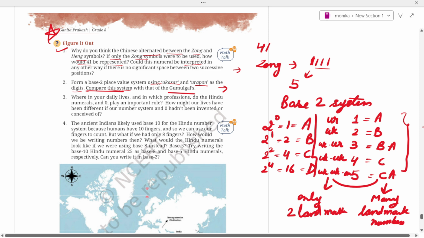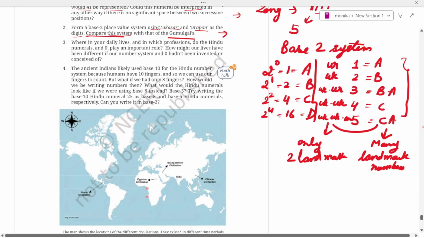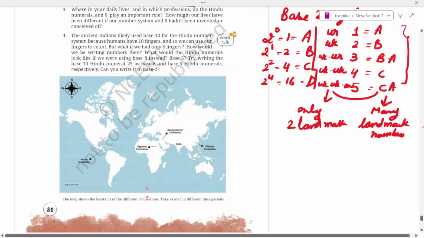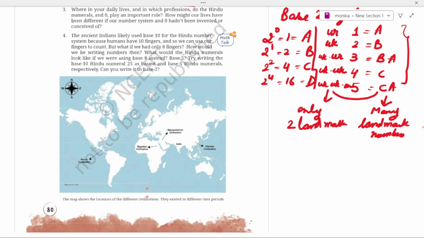Moving to the third question. In daily life, in which professions do the Hindu numerals and zero play an important role? How might our lives have been different if our number system and zero had not been invented or conceived of? Yes, they are useful wherever we have to read numbers and do any calculation. This is important.